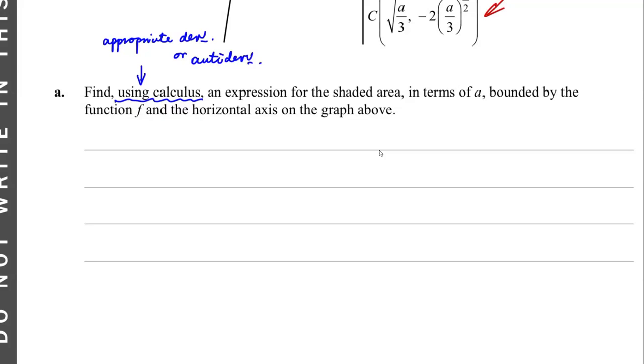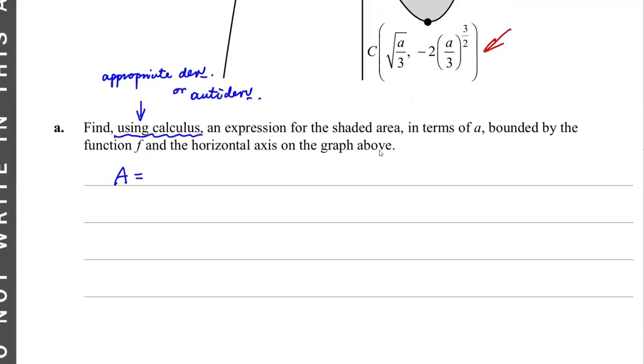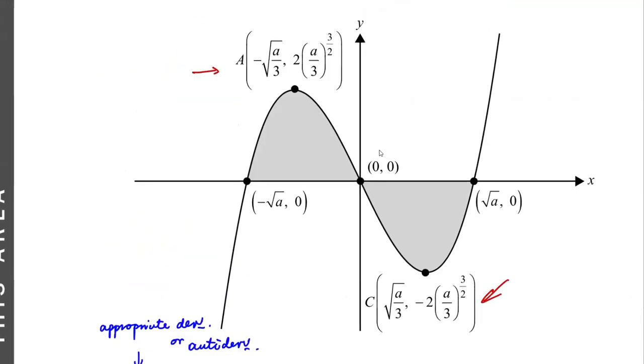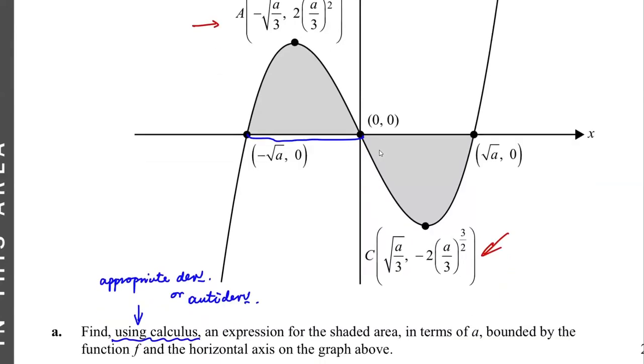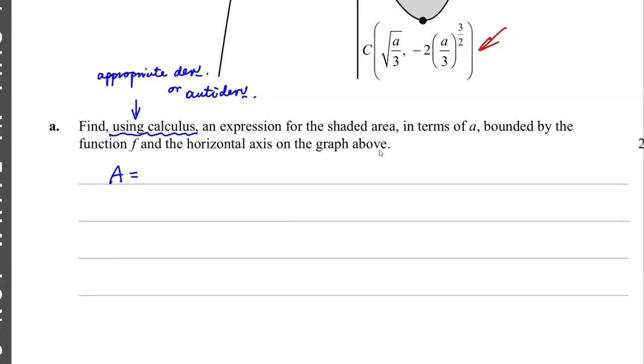Okay, so the area, let's have a look. I don't want to introduce the negative sign in front of my integral. So I would use the positive bit from minus root a to 0, okay? And double that area to get the total area. So 2 lots of minus root a to 0, anti-deriving whatever we need to anti-derive: x cubed minus a times x.